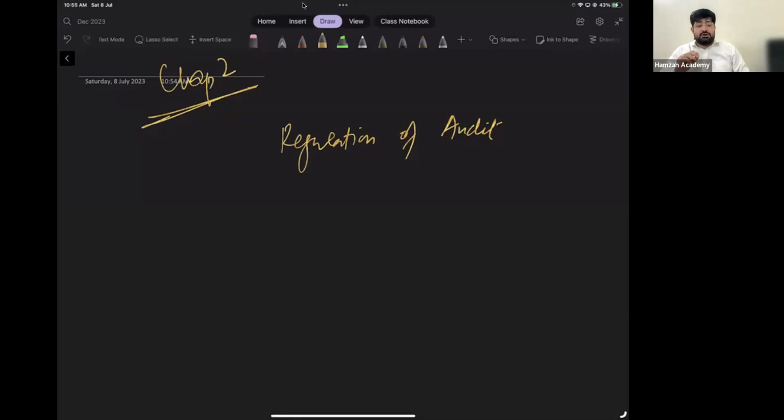Thank you. Regulation means the auditor is being directed, monitored, watched over, controlled, guided to act in a certain way, to perform work as per certain rules.